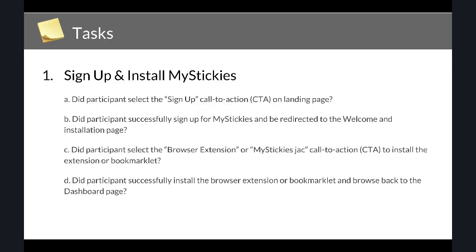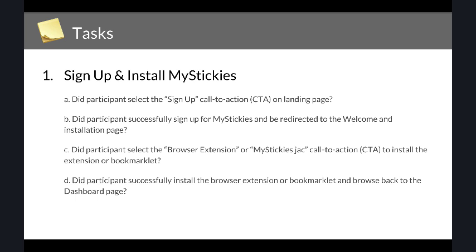So for our usability evaluation, we asked the users to complete a certain amount of tasks. The first task was to sign up and install the MyStickies account. For this task, we asked four questions. The first question was, did the participants select the sign up call to action button on the landing page?